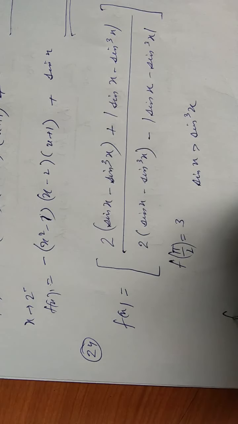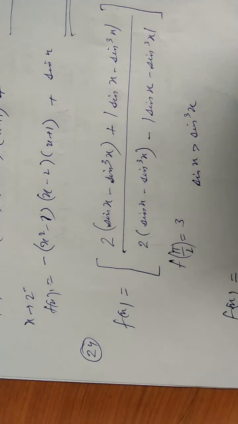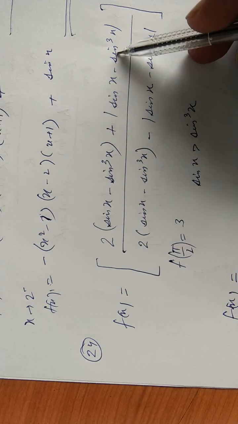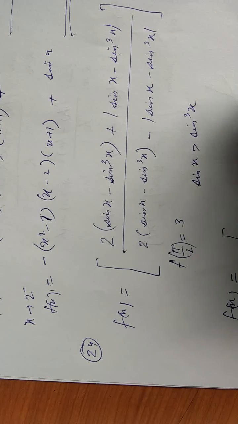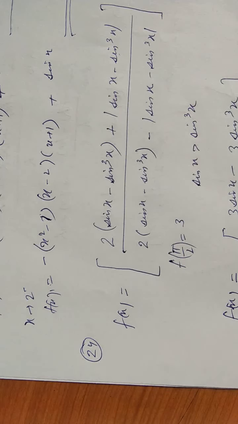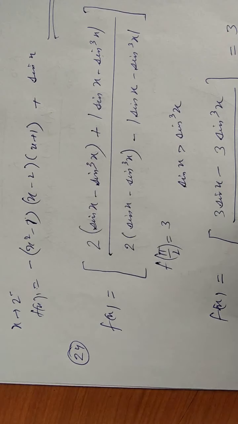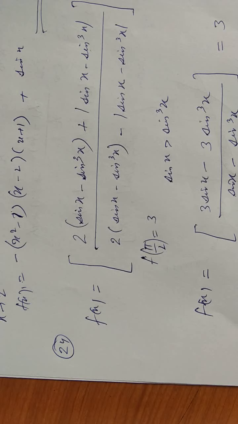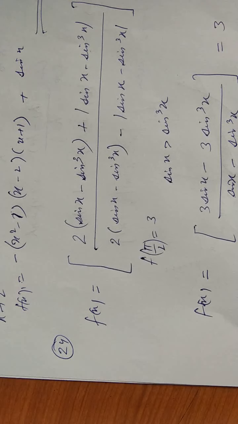So f(x) becomes box of 3 sin x minus 3 sin cube x upon sin x minus sin cube x, which is equal to 3. We have also been given that f of pi by 2 is equal to 3. Now you can check continuity and differentiability at x is equal to pi by 2.